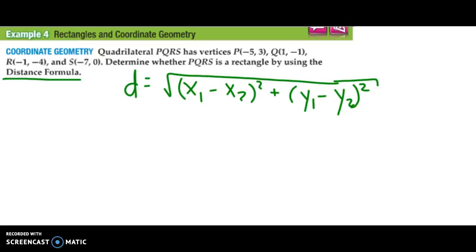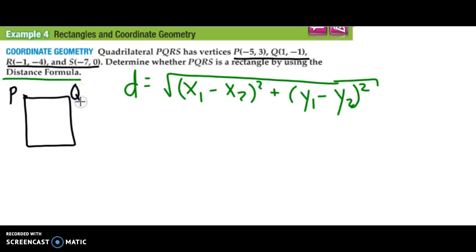We're going to have to use that a couple different times. So what we'll do is we'll find the distance of PQ. We'll find the distance of RS as the two opposite sides of our rectangle. So if I labeled it right here, PQRS. So let's begin by finding PQ and RS.